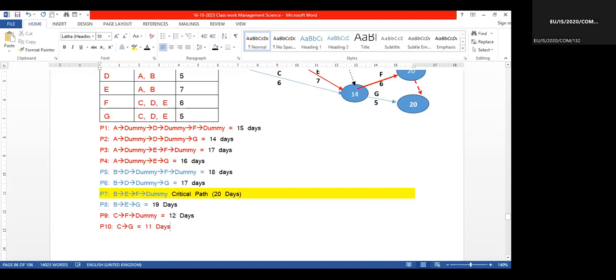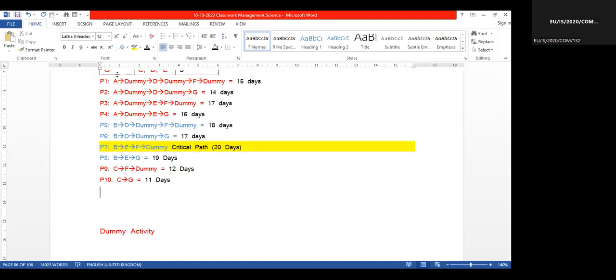Anybody, if you have any problem or any different answers, you can tell now. This is a homework I have given. Anybody have any issues?